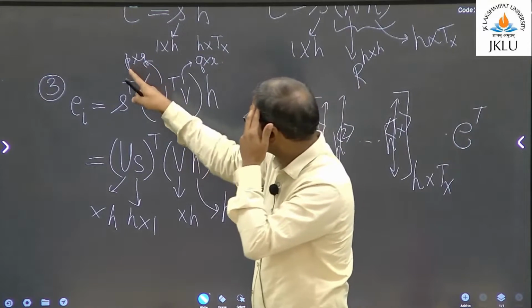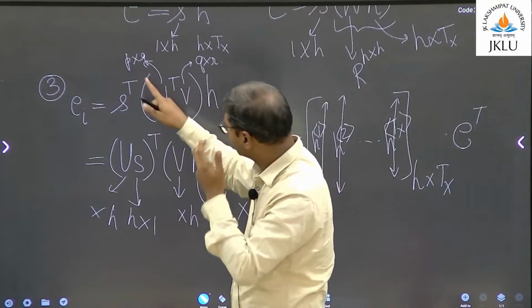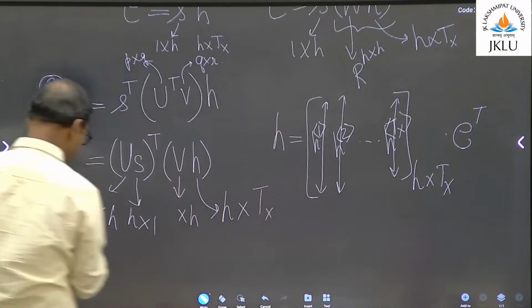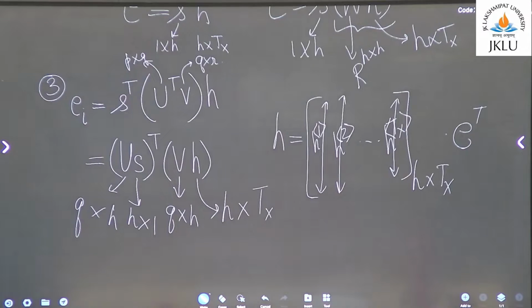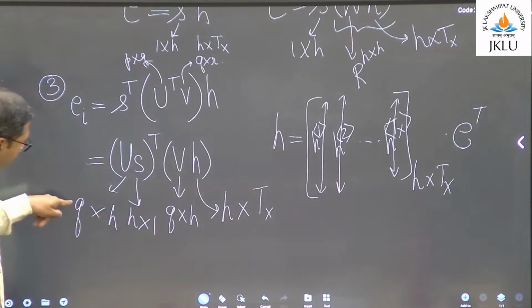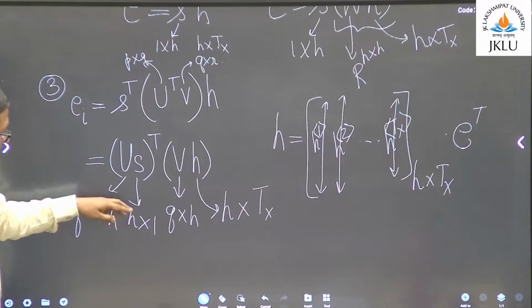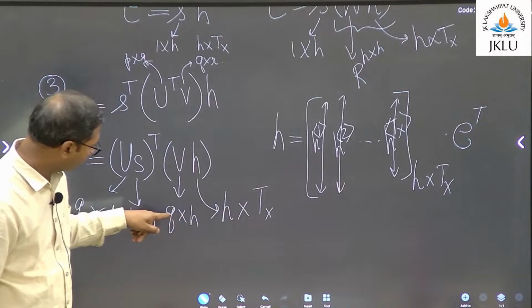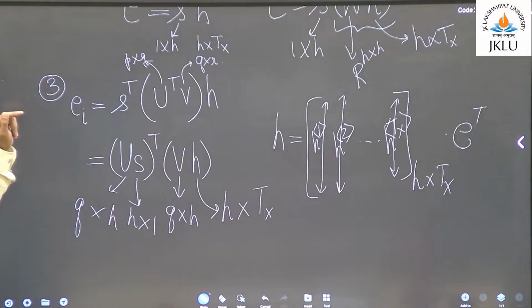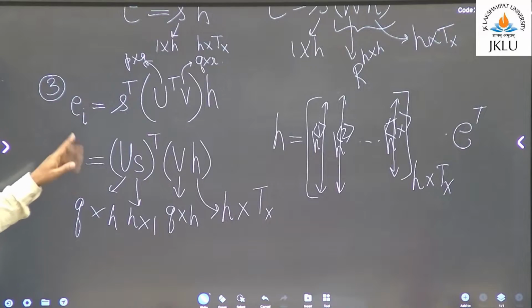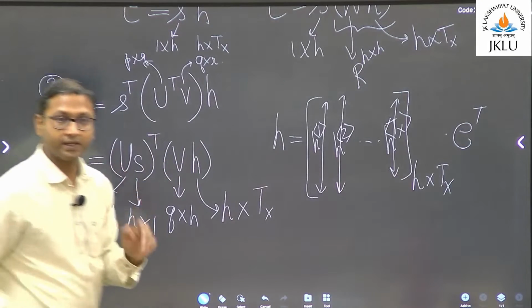So U is Q cross P. So U is Q cross P. So maybe let's say Q is here, Q is here. Does it make sense? So this guy goes and gives me Q cross 1, and this guy goes and gives me Q cross Tx, then transpose 1 cross Q. So this whole thing makes sense, right? Okay.